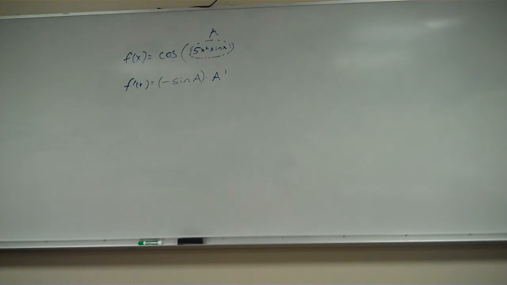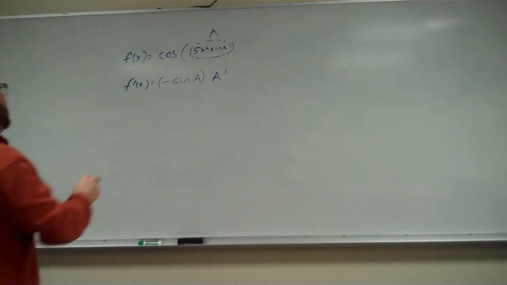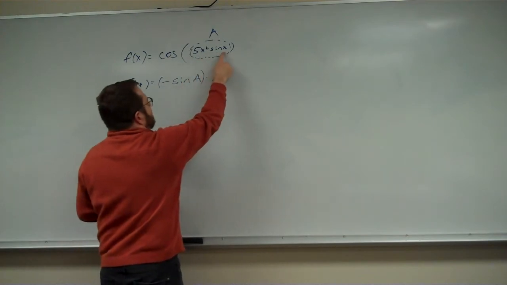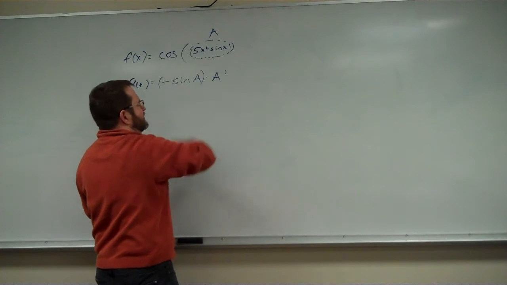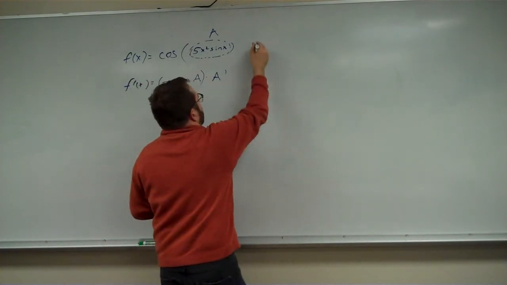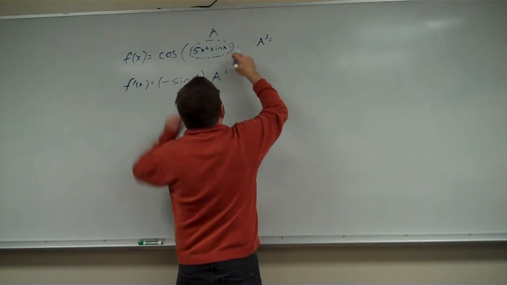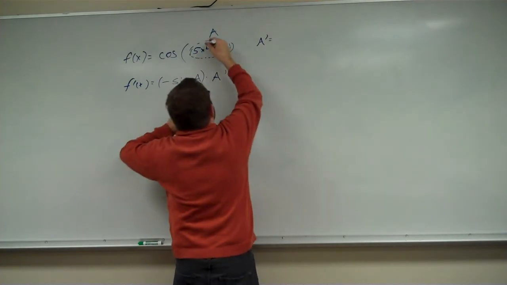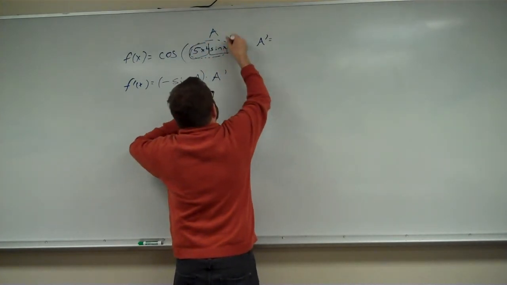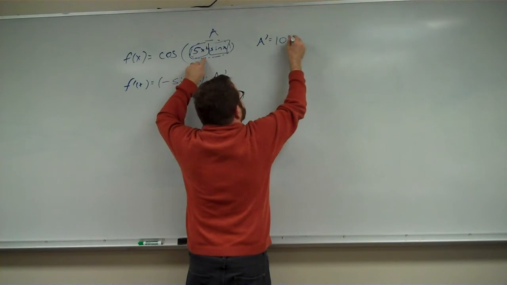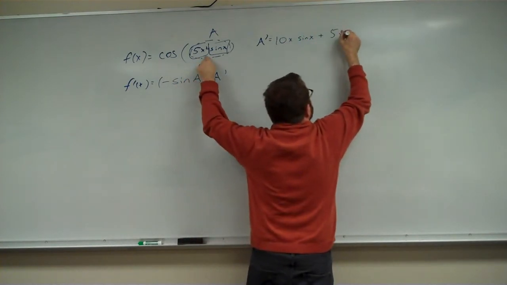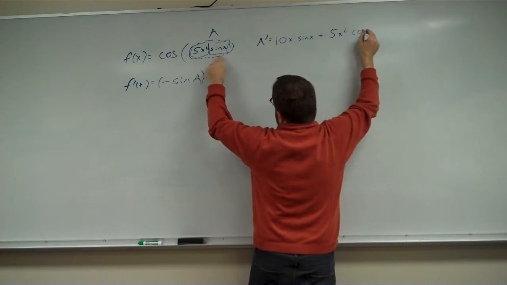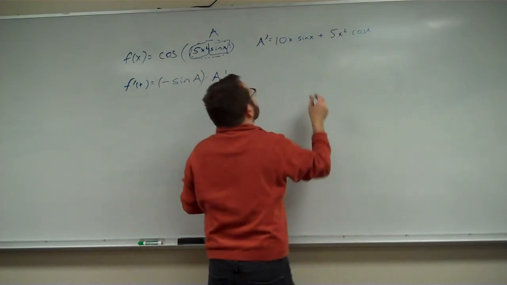But the derivative of a itself, in this case, what rule is that? 5x squared times sine x. That's a product rule. We've got something times something. So that derivative of a itself is a product rule. We're going to need derivative of this term times this term. Let's see. 10x times sine x plus the first term times the derivative of the second term. Derivative of sine x is cosine of x.